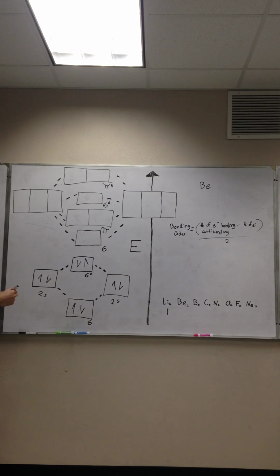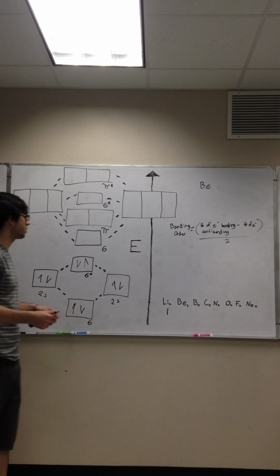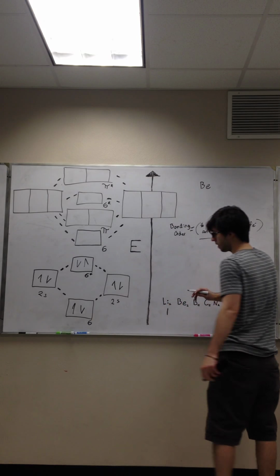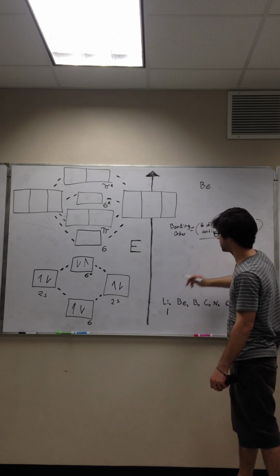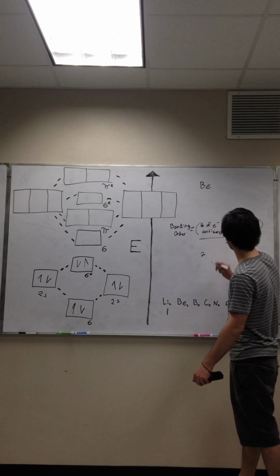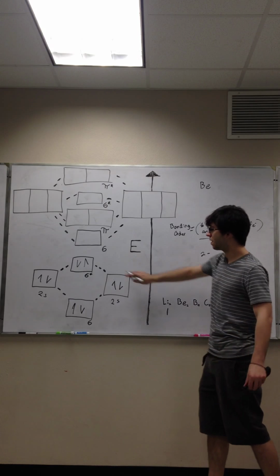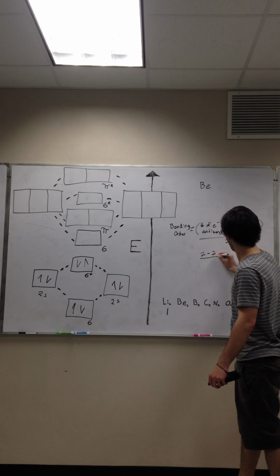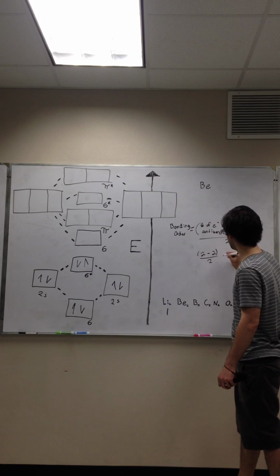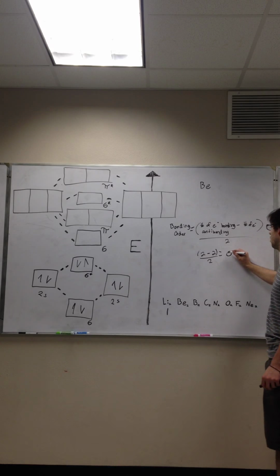Now this will make a big difference when calculating the bond order. We have 2 electrons bonding minus the 2 valence electrons that are anti-bonding, divided by 2, which equals 0.